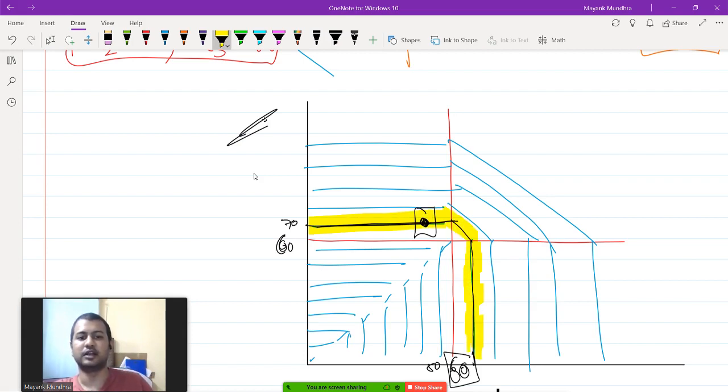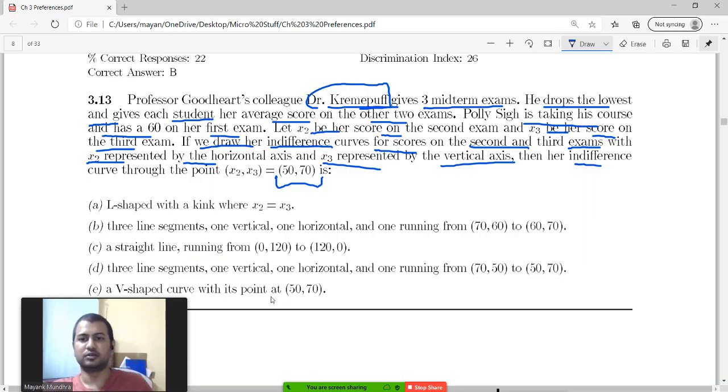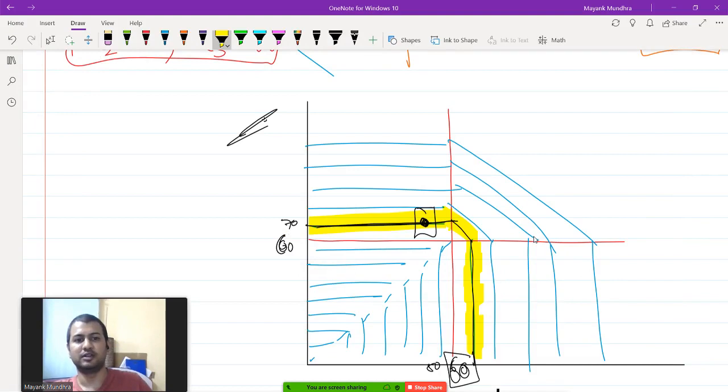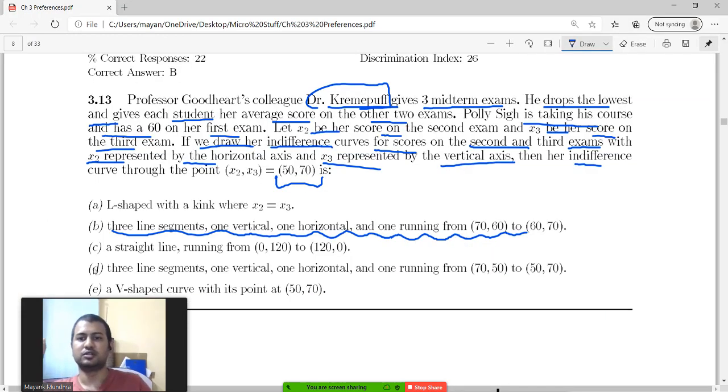So a horizontal part, a -1 slope part and then a vertical part. So three line segments: one vertical, one horizontal and one running from 70 comma 60 to 60 comma 70. These are your points 70 comma 60 and 60 comma 70. The middle section is going to be between these two points. So that's your answer B.